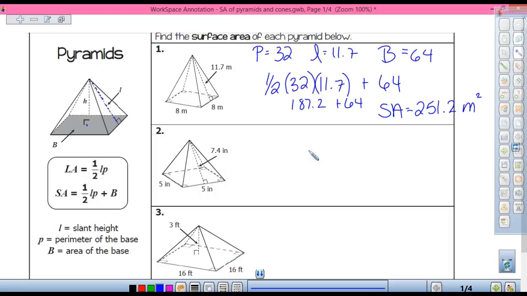Okay, number 2. 1/2 times the perimeter of my base, 20, times my slant height, 7.4, plus the area of my base, 25.